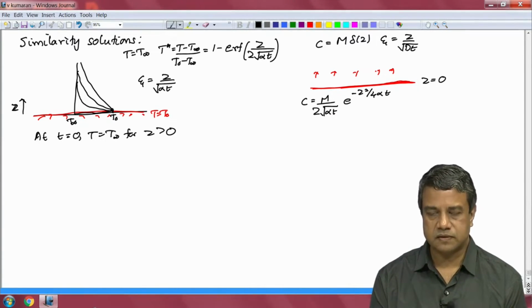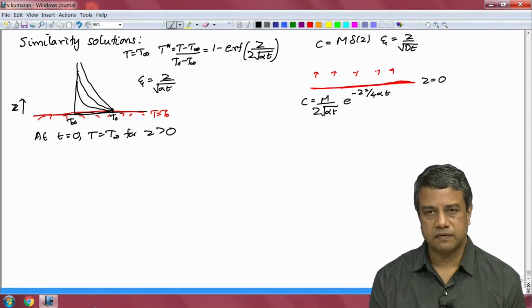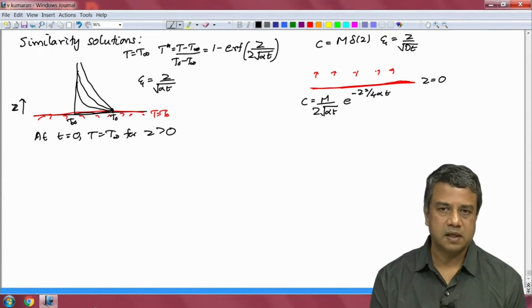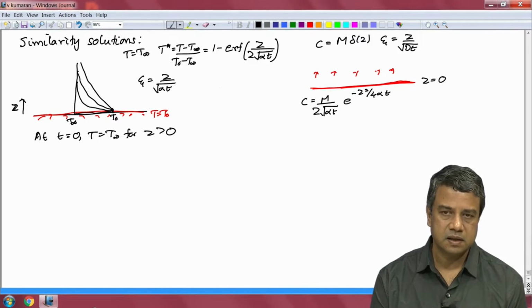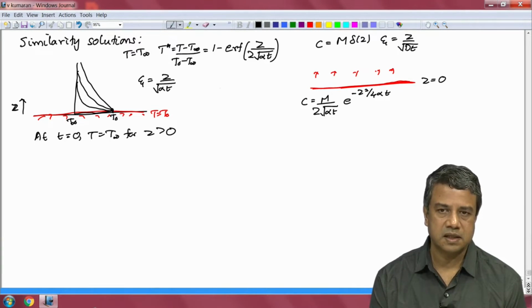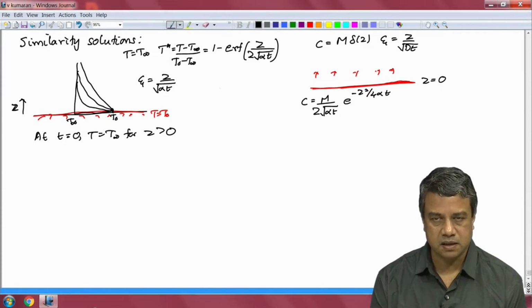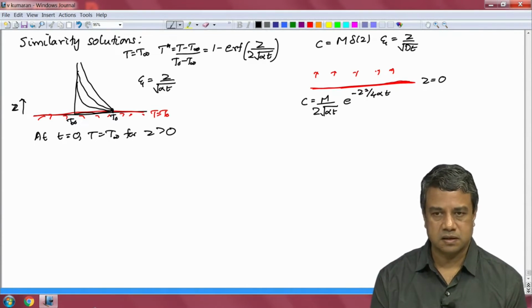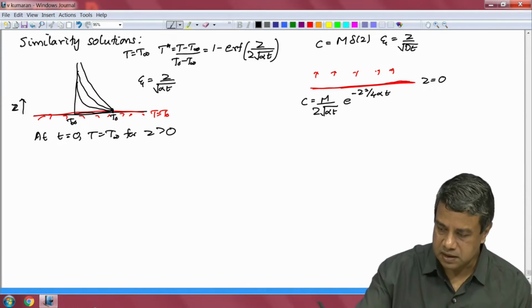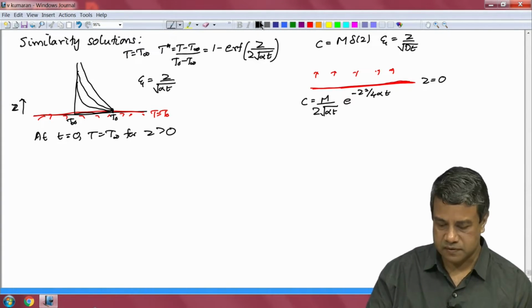The similarity transform can also be used when you have a finite but time dependent length scale, in such a way that the length scale has a specific dependence on time that is consistent with a balance condition. So, let me illustrate that in one dimension for a specific problem.